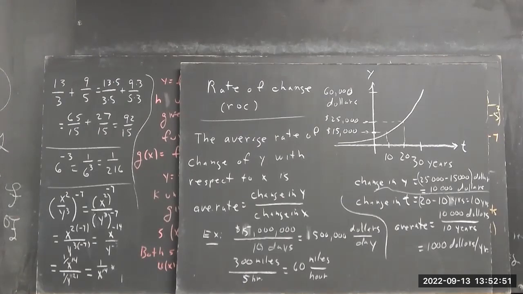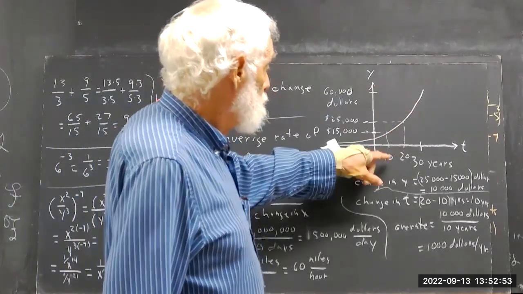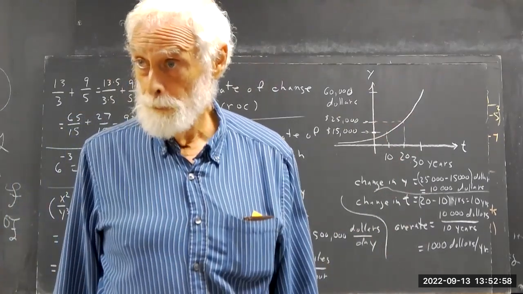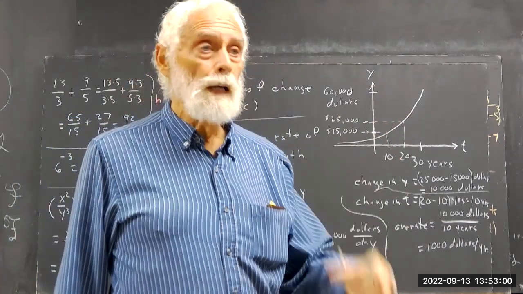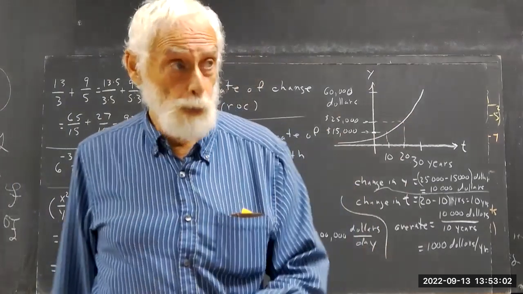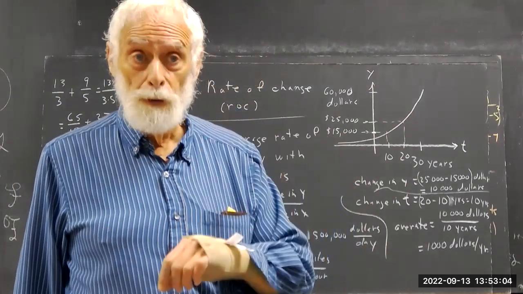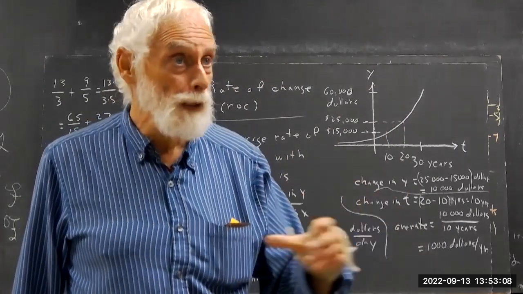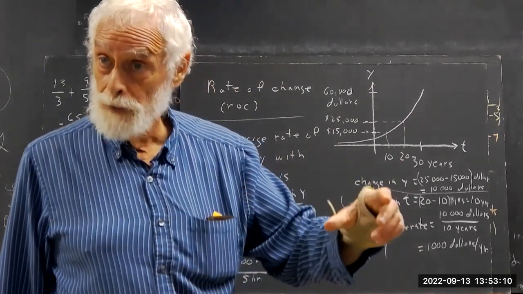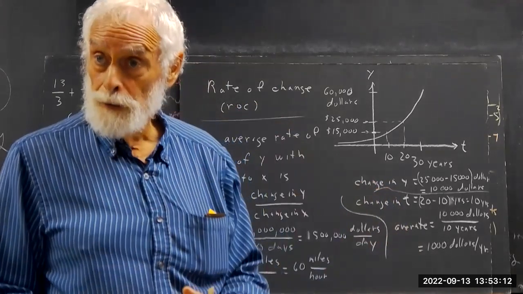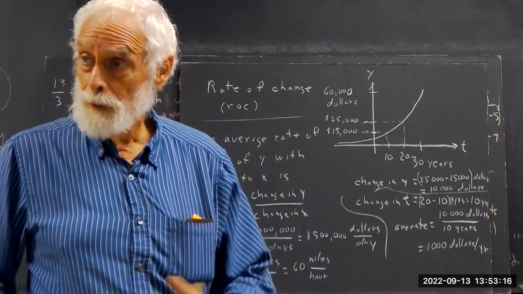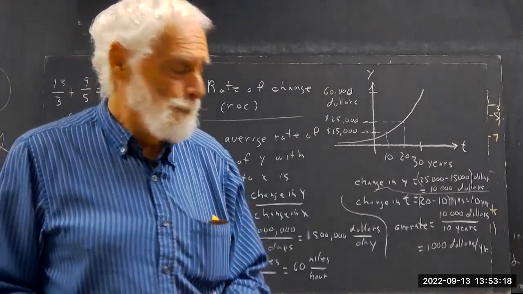If you have a formula for this function, of course, you don't have to make estimates. You can plug numbers into the formula. If I ask you for the average rate of change of the x squared function between x equals 1.5 and x equals 2.5, you plug 1.5 into the function, you plug 2.5 in, you get the two y values, subtract them, and you divide that by the change in the x value. Okay.